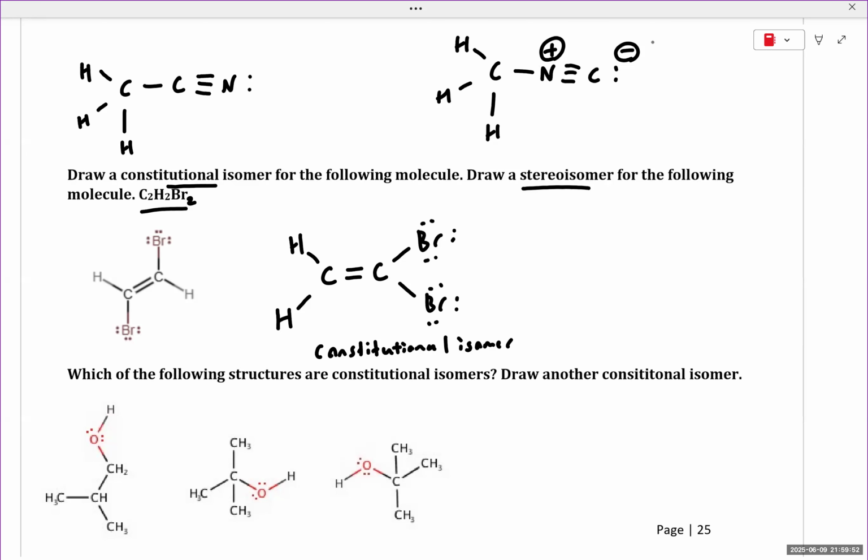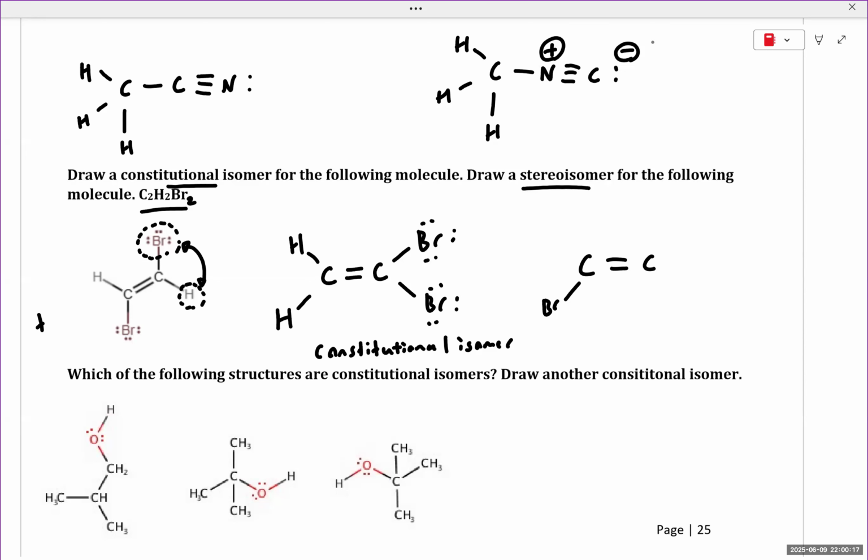Let's now draw a stereoisomer. So a stereoisomer, we want the same formula, same connectivity, but a different 3D shape. So to this end, let's take one of the bromine atoms on one carbon, and let's move it to the opposite position on the double bond while keeping it connected to the same carbon. So this gives us the following stereoisomer.